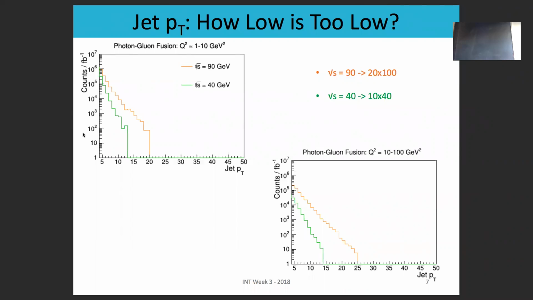If we have a root S of 90 or a root S of 40, now we're talking in the some thousands of jets if we have to place a cut at, say, 10 GeV. So the lower we can go in pT in a controlled way, the more likely that jets will be an actual useful measurement at an EIC. So this is one of the questions I think is rather important.